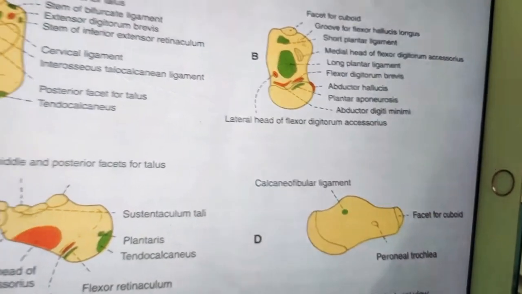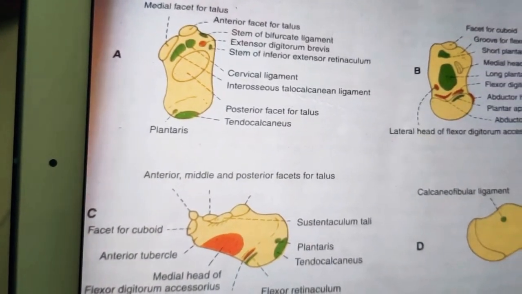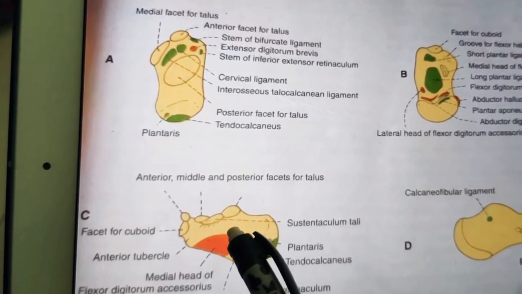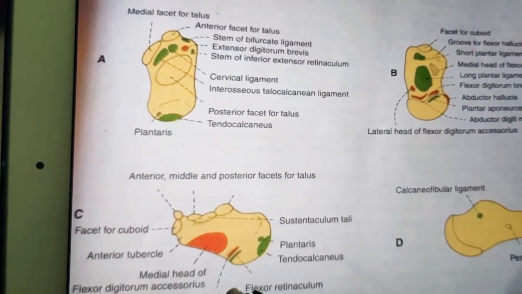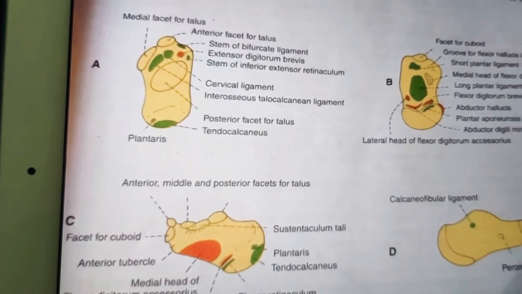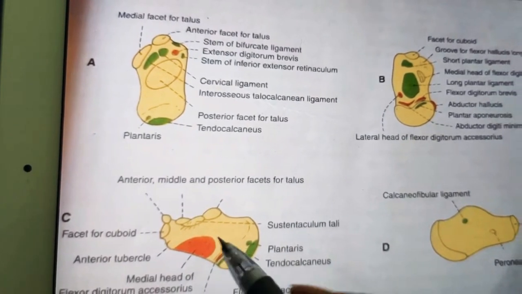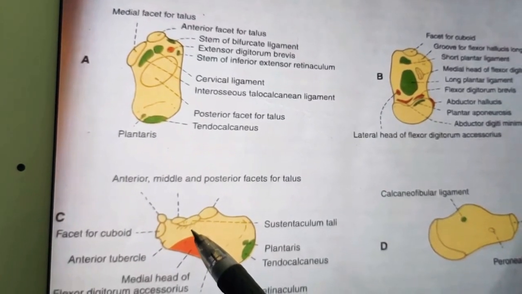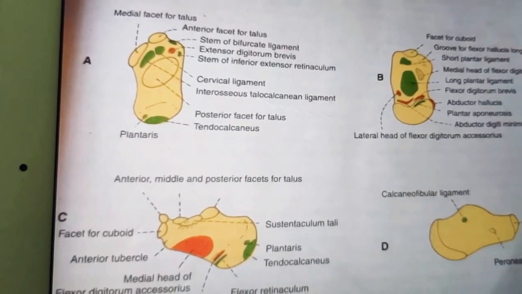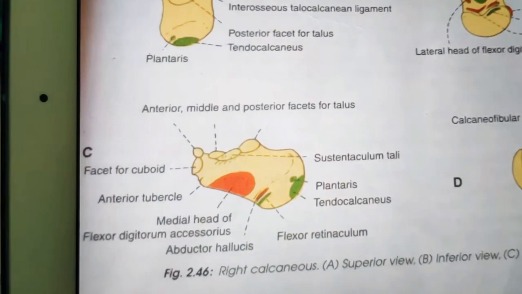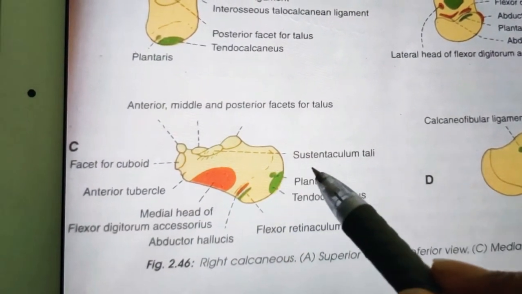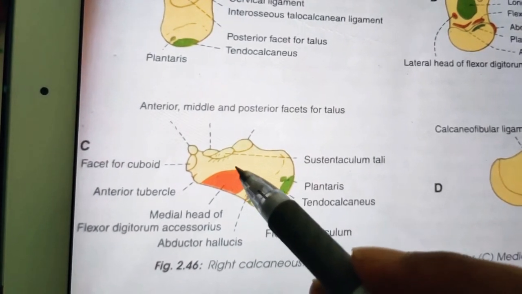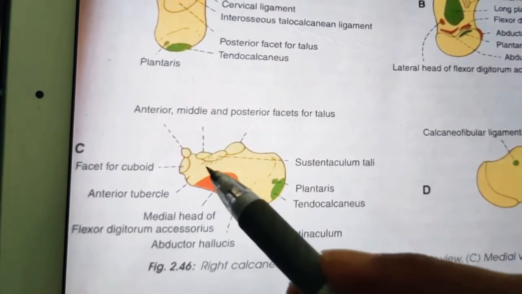Next, coming to attachments and relations on the medial surface. The groove on the lower surface of the sustentaculum tali is mainly occupied by the tendon of flexor hallucis longus. Just below it there will be attachment of flexor hallucis longus. Next, the medial margin of the sustentaculum tali is also related to the tendon of flexor digitorum longus and provides attachment to the spring ligament anteriorly.